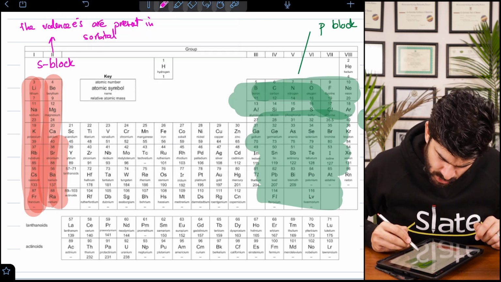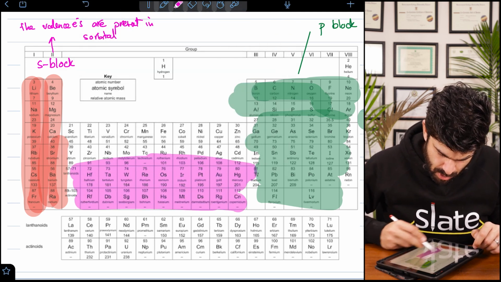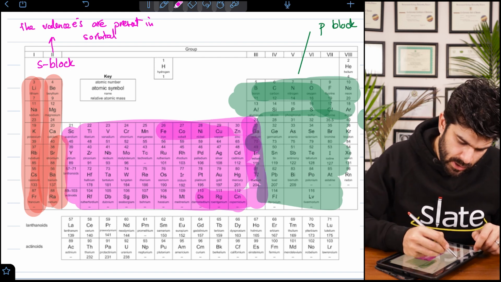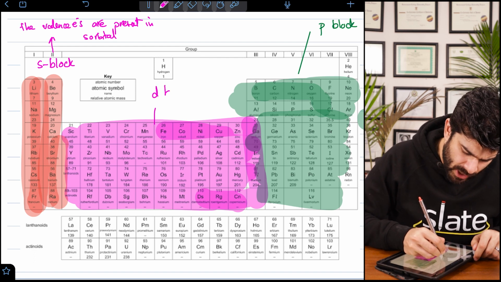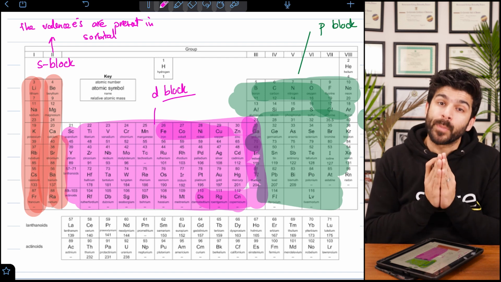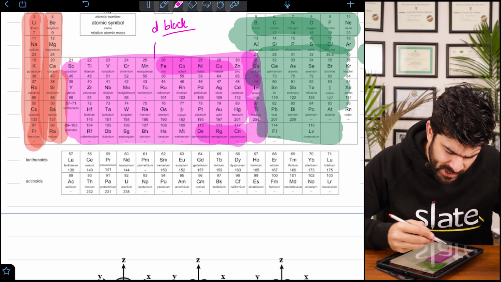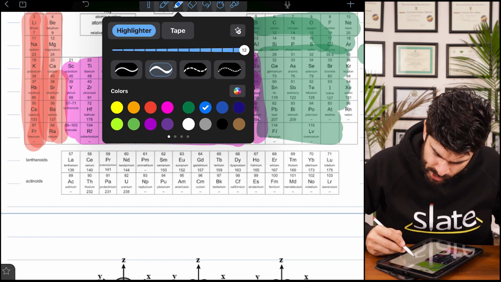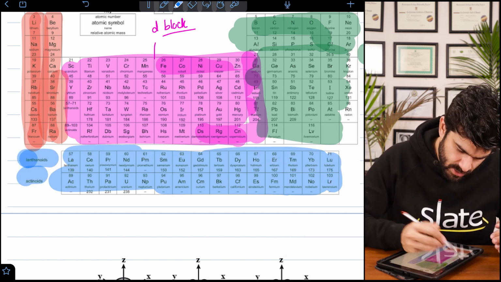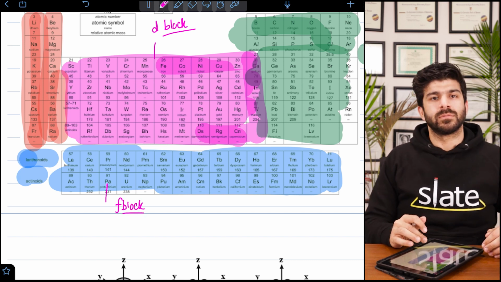But talking about these ones, these are the d block elements. They have their valence electrons in the d orbital. Outermost is the d. If we just talk about these ones, which again I told you it's not in your syllabus, these are lanthanides and actinides. These are F block. But again, not in the syllabus.